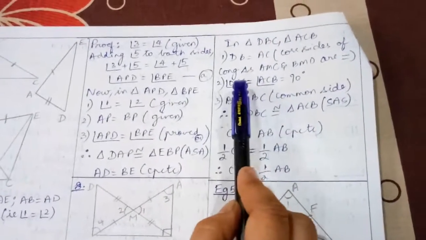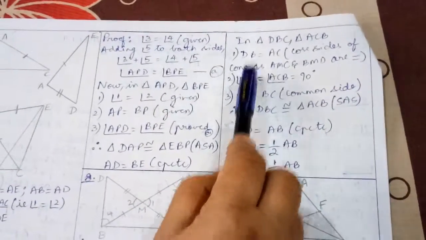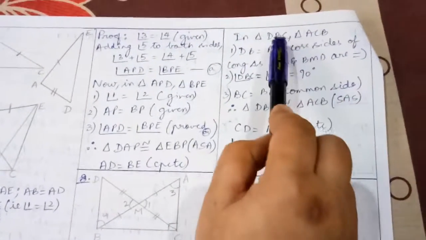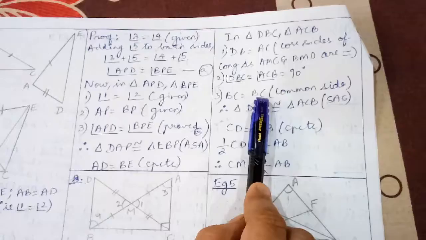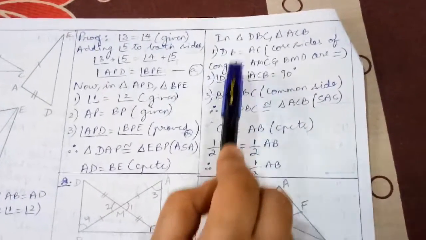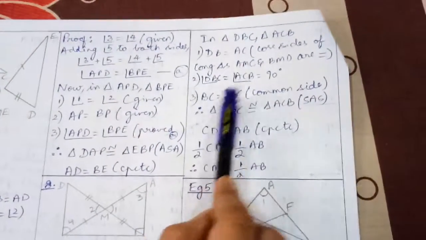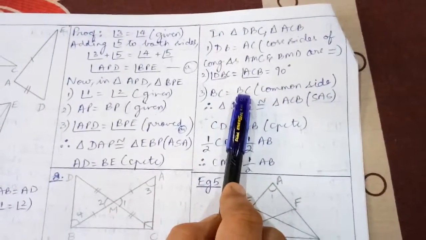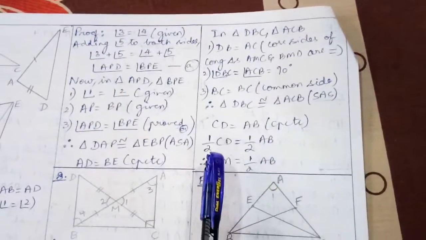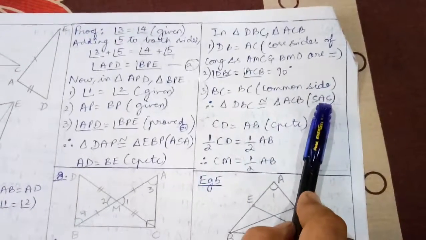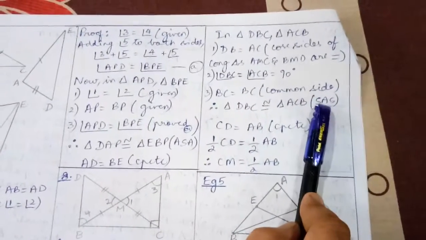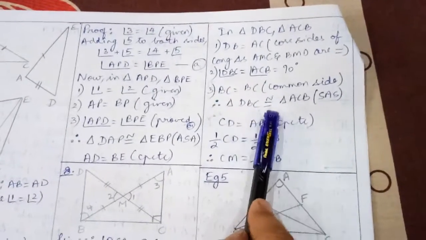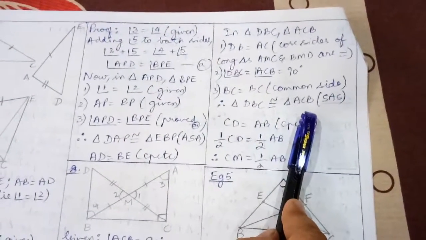And clearly this angle is contained by these two sides, and this angle is contained by AC and BC. That is, angle DBC is contained by the sides DB and BC. Angle ACB is contained by the sides AC and BC. So they are the included angles in the two triangles. So by the SAS congruence criterion, two sides and included angle, triangle DBC is congruent to triangle ACB.